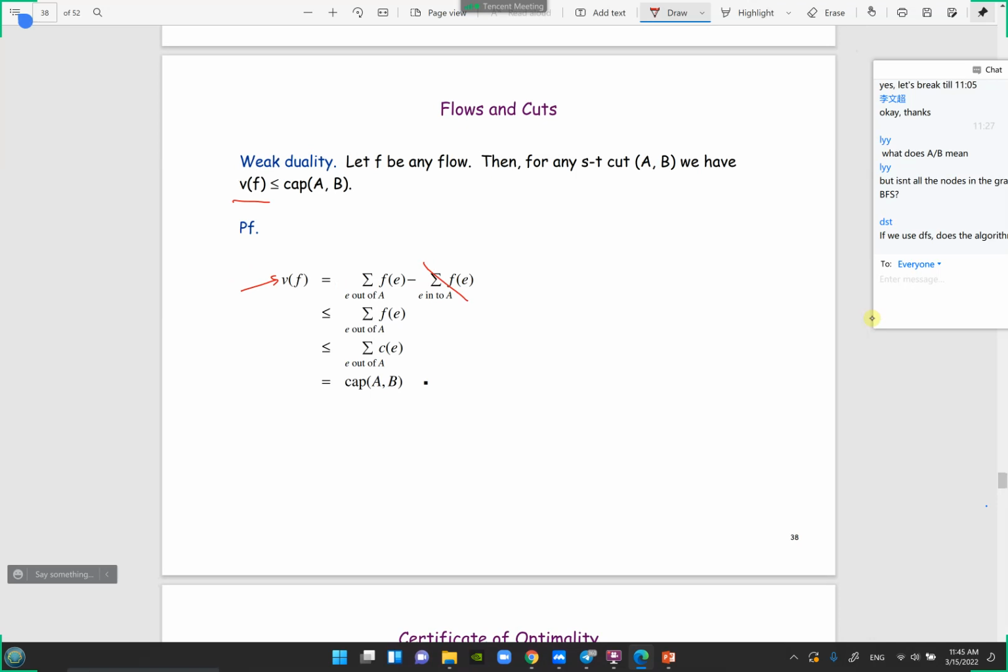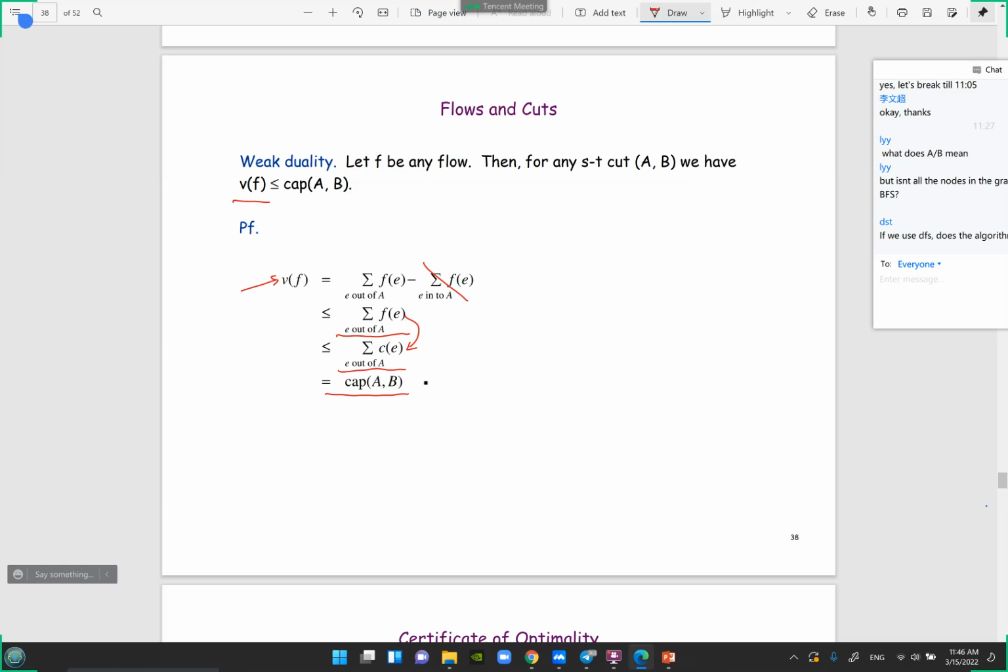So this term is no more than the total amount of flow out of A, and you know that the total amount of flow out of A is no more than the capacity out of A, because each of these F terms is less than the C term. And the total amount of capacity out of A is just equal to the capacity of A. So that means that the size of this flow is no more than the capacity of this cut. And this holds for any flow and any cut.